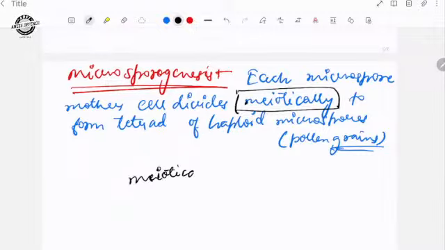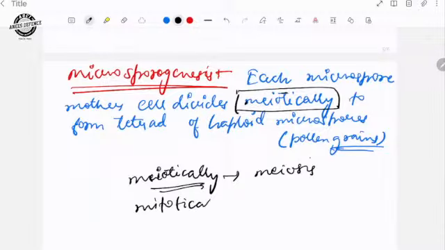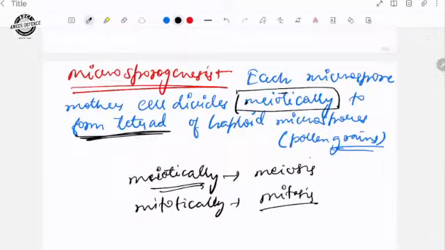Meiotically means related to meiosis, and mitotically is related to mitosis. Remember that here it is going to form a tetrad, whereas through mitosis we will get only two daughter cells, not four. Those are also genetically similar: if the parent is 2n, then both progeny are also 2n.